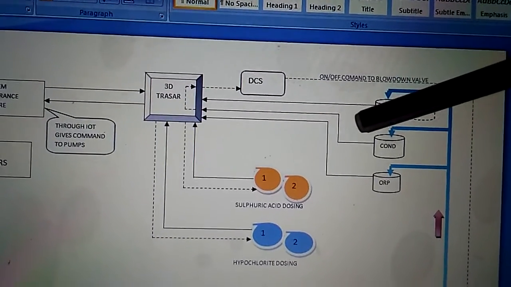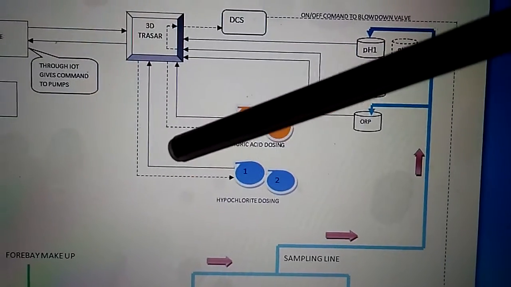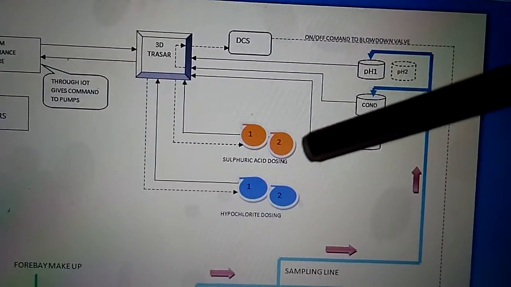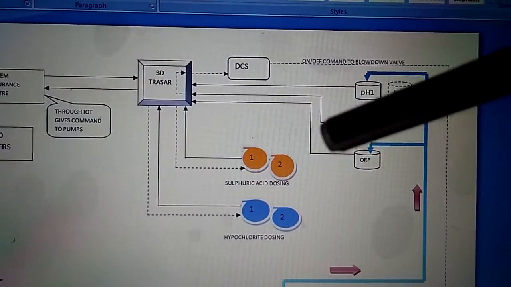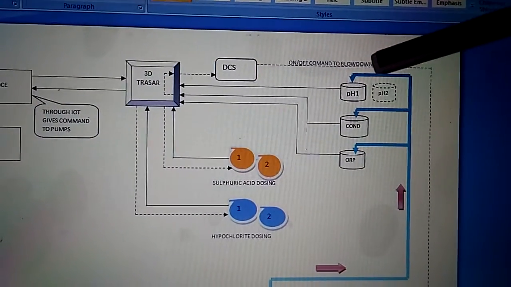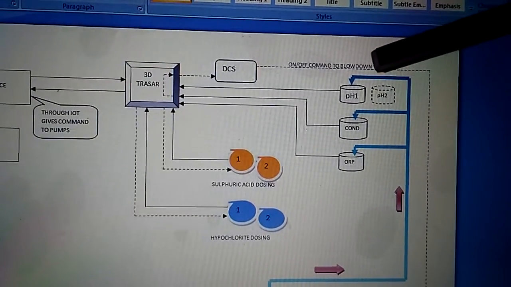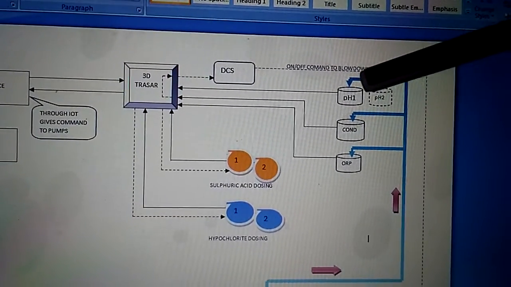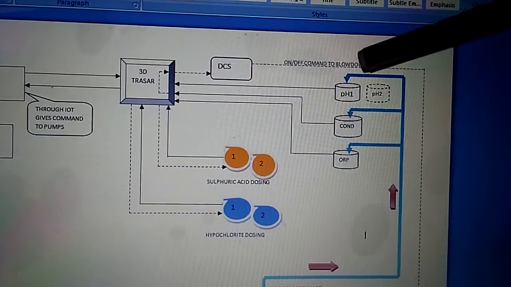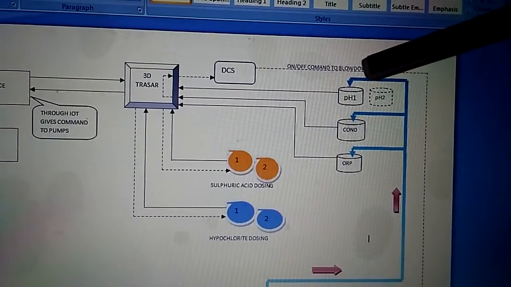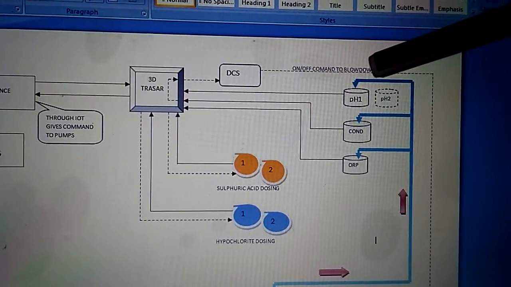Another function is that it is also programmed to give a relay timeout to the pumps whenever there is any discrepancy in the dosing system or in the health of the pH probe. Suppose the pH probe is not showing correct values, and this 7.8 is not actually 7.8 but actually 7.2 or 7.3, then the system will be corroded.